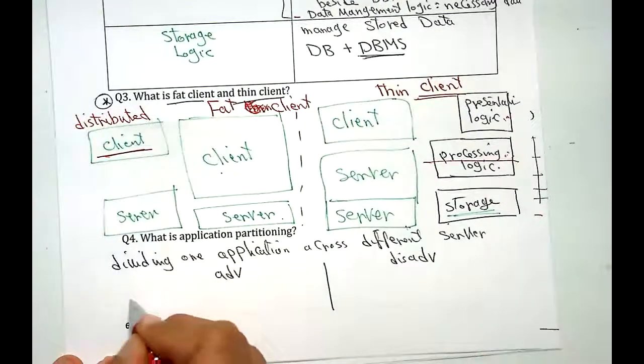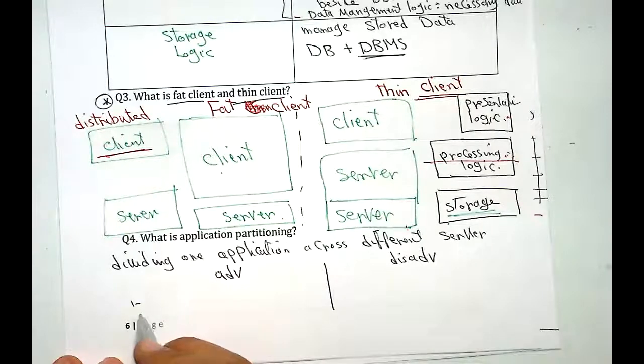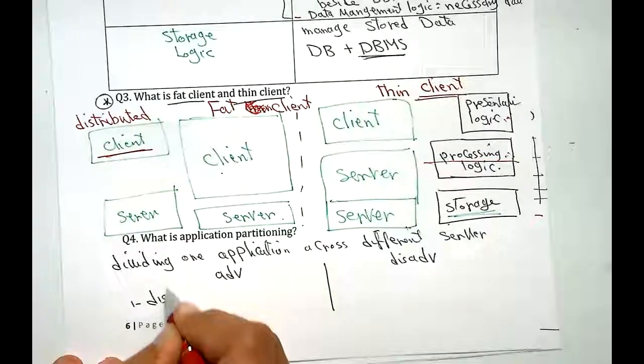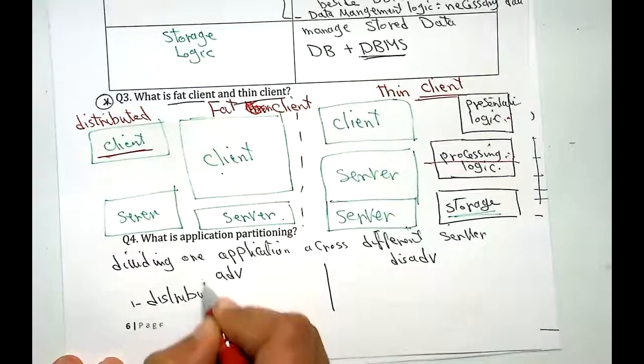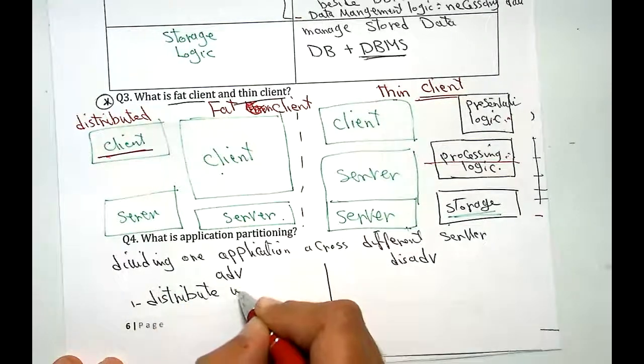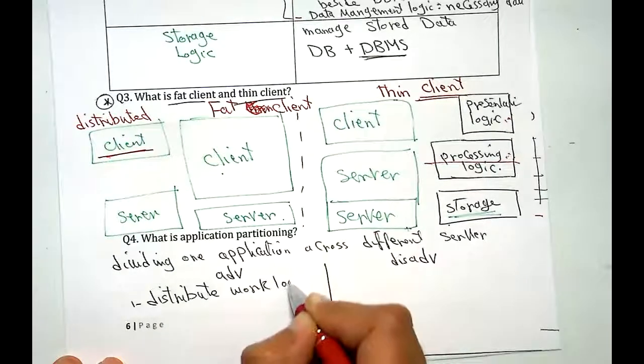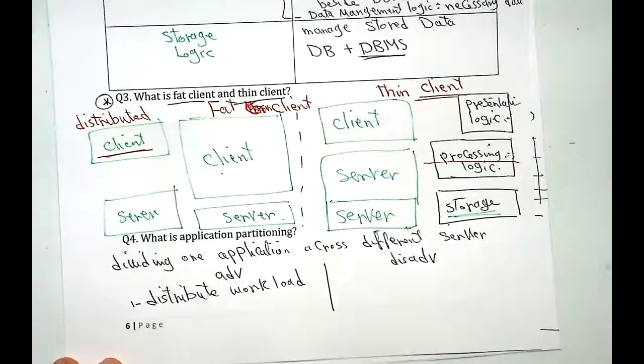So maybe for the advantage, I can summarize your point to distribute workload. This is the main one. Especially if we expect many concurrent users, many users accessing at the same time, distributed workload, okay? And especially if this application is expected to be accessed globally, like Facebook.